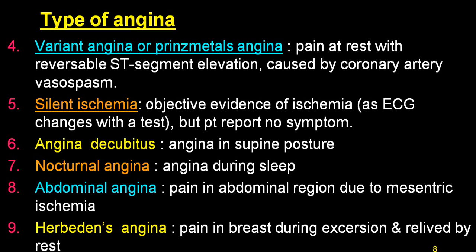Angina decubitus comes in supine posture. Nocturnal angina comes during sleep. Abdominal angina is because of decreased blood supply to the mesenteric artery, resulting in ischemia, producing abdominal pain. And Heberden's angina is pain in the breast region during exertion and relieved by rest. These are the different words which are being utilized.